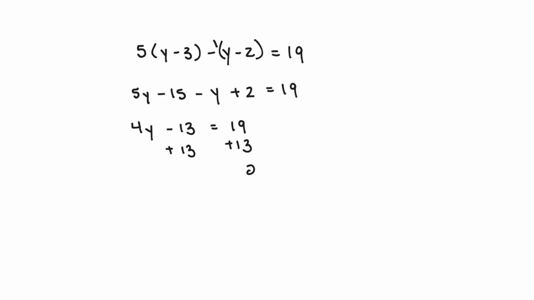So that's 32. Those cancel out. So 4y equals 32. So to get rid of that, we'll divide that by 4. Divide this by 4. So y equals 8. So that's how you solve using the steps for solving equations.